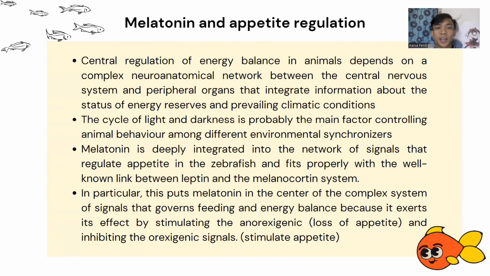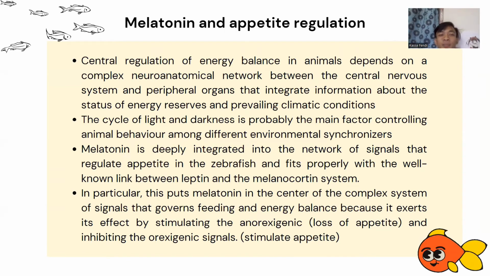The cycle of light and darkness is probably the main factor controlling animal behavior among different environmental synchronizers. Melatonin is deeply integrated into the network of signals that regulate appetite in the zebrafish and fits properly with the well-known link between leptin and the melanocortin system.